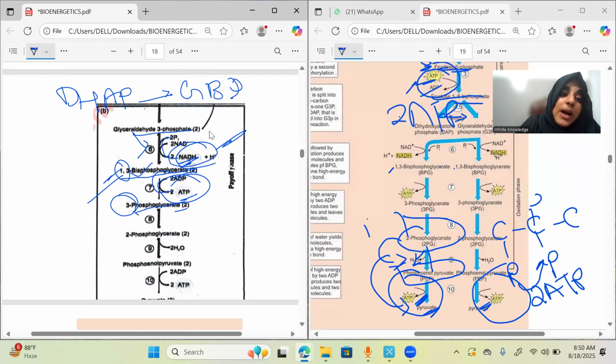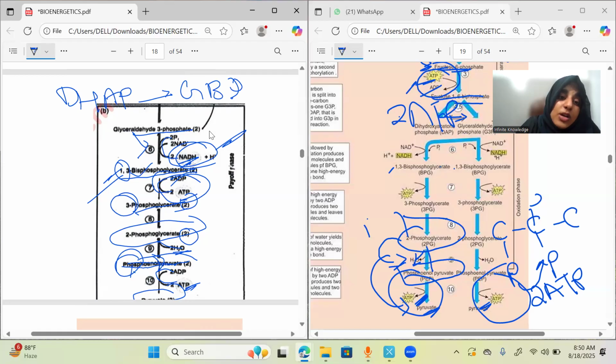After that, what happens? Rearrangement occurs. It becomes 2-phosphoglycerate, right? And these numbers in the brackets are the molecules. After that, it gives out water and becomes PEP, phosphoenol pyruvate, and then it gives out 2 ATP in order to become pyruvate. Why? This phosphoenol pyruvate gives the phosphate as well.